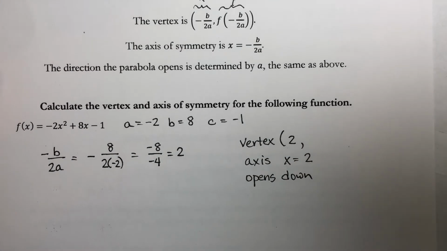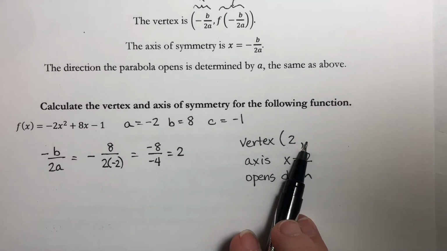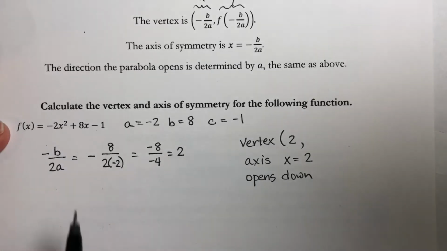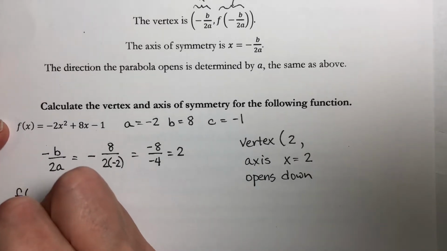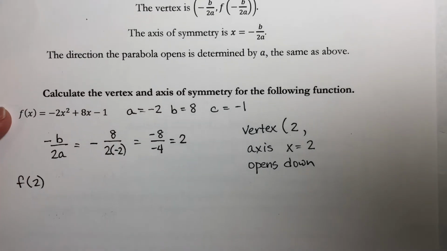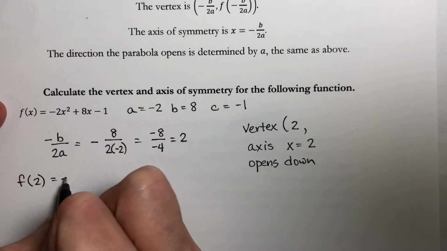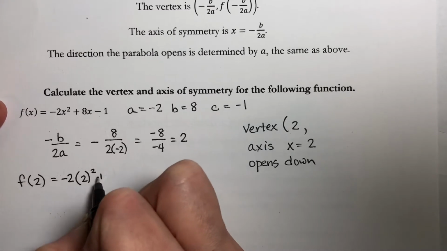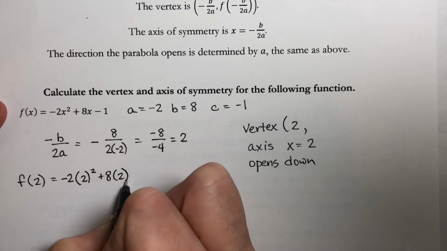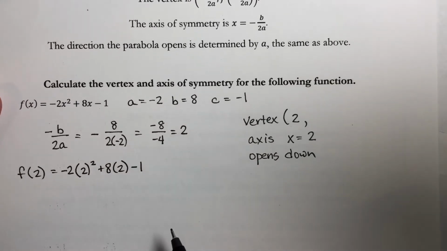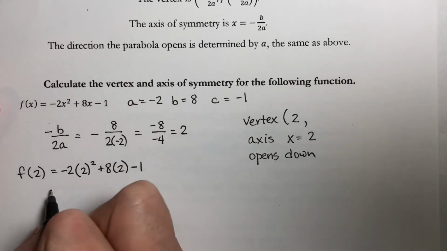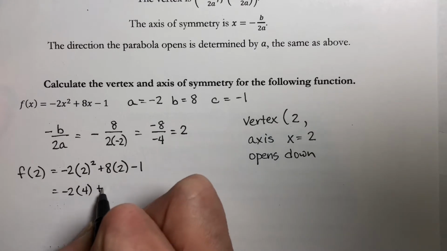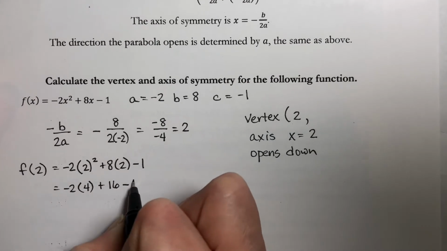Now to find the y value of our vertex, I want to take 2 and plug it in for x here. So I want to find f of 2. So this will be negative 2 times 2 squared plus 8 times 2 minus 1. So this is negative 2 times 4 plus 16 minus 1.